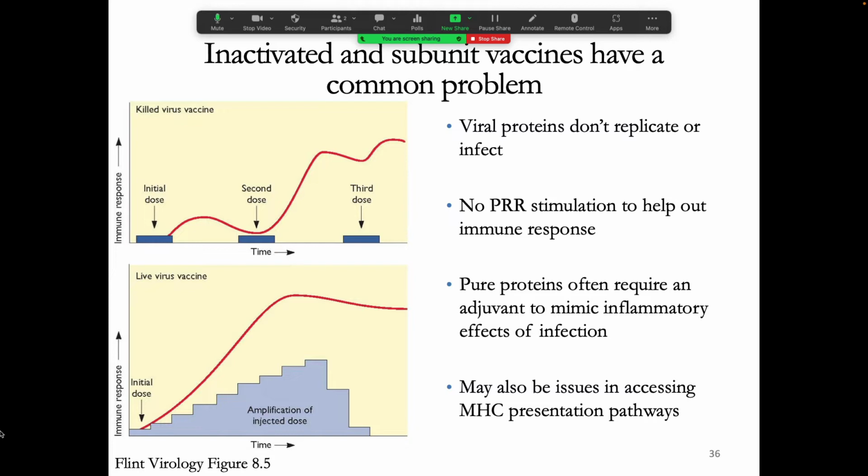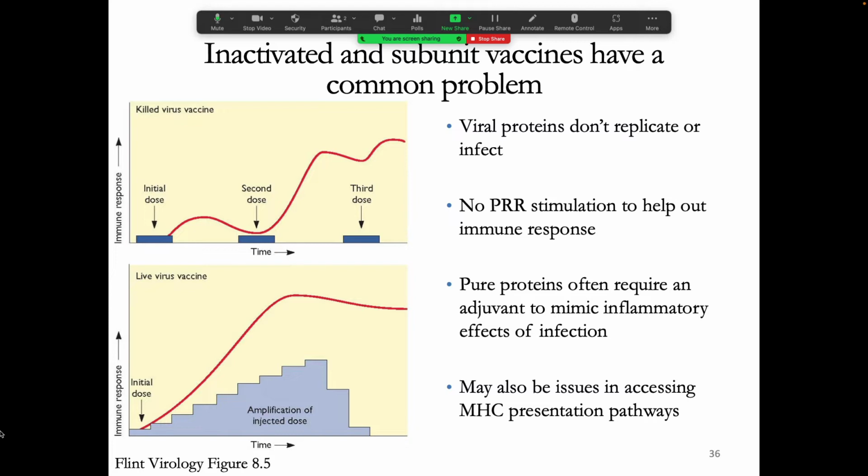When we give someone a live attenuated vaccine, which is shown sort of on the bottom left here, that live virus is able to reproduce or replicate. And so the amount of virus we put into the person increases over time. And it increases over time until it drives an immune response of a really great size.